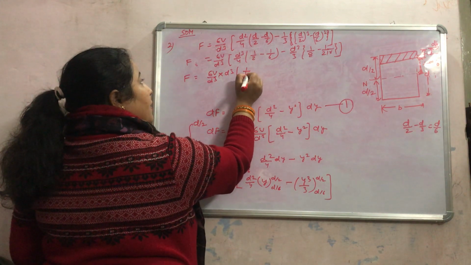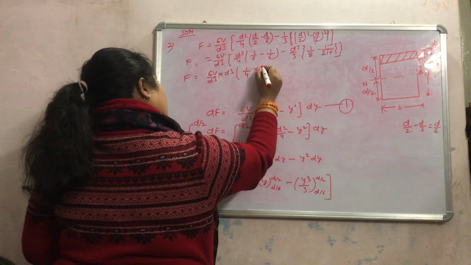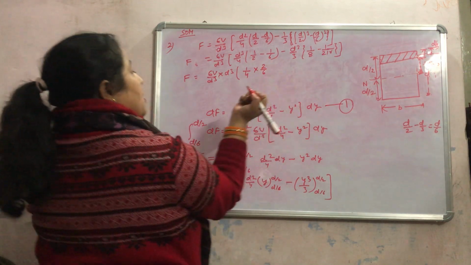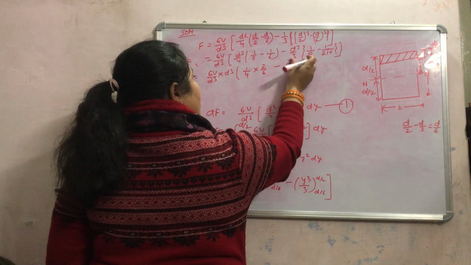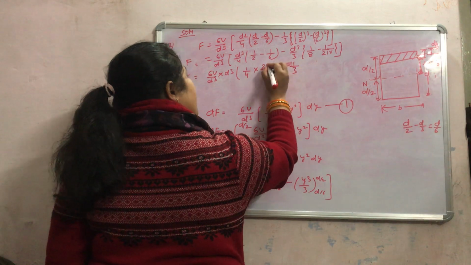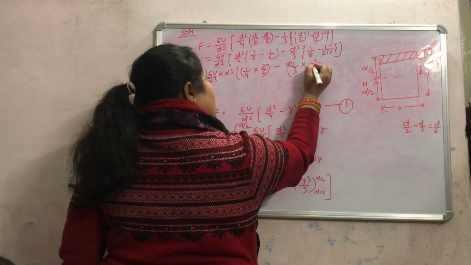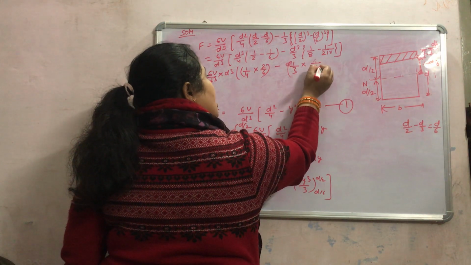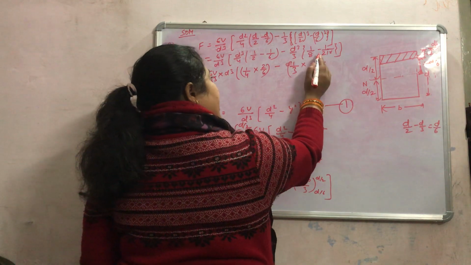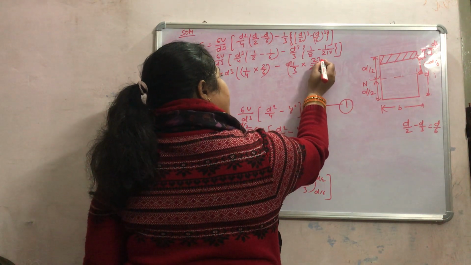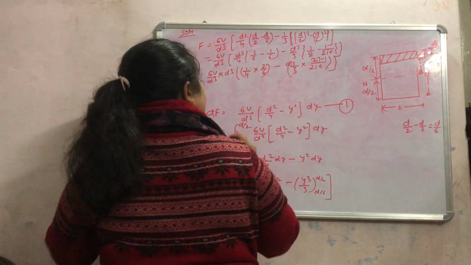One by 4 into 2 by 6 minus 1 by 3 into (27 minus 1) upon 216. Okay.